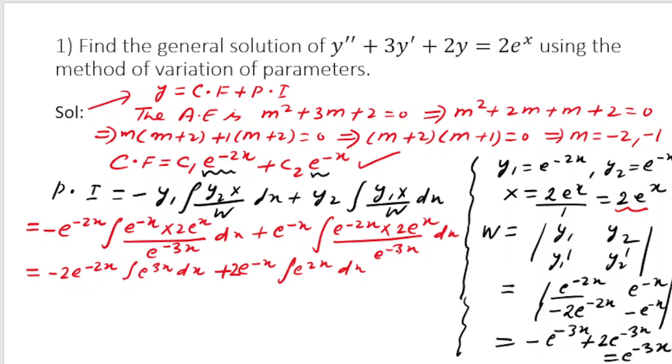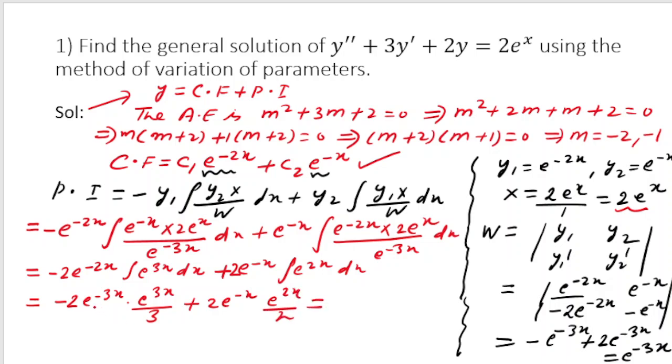If you take it in the numerator, it will become e to the power 3x, so 3x plus x is 4x, and minus 2x is 2x, and here you also got that this will become 1. So if I integrate, minus 2 e to the power minus 3x, integration of e to the power 3x is e to the power 3x by 3, and plus 2 e to the power minus x, and integration of e to the power 2x is e to the power 2x by 2.